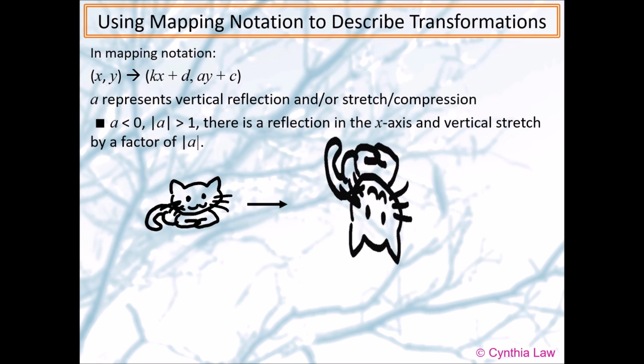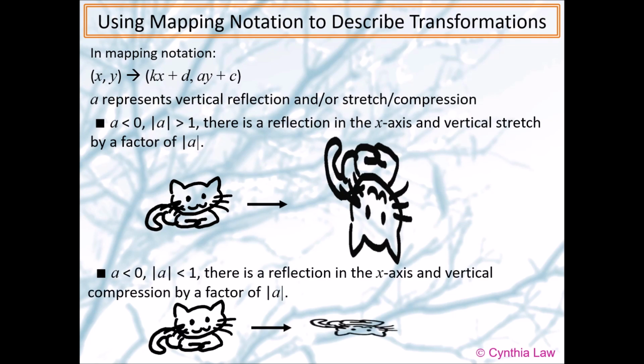When a is negative, so when a is less than 0 and the absolute value of a is greater than 1, we have a reflection in the x-axis and a vertical stretch by a factor of the absolute value of a.